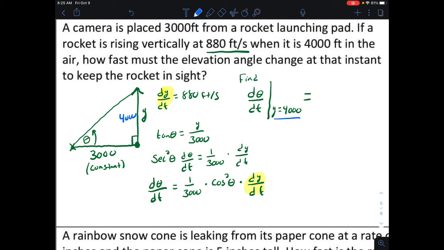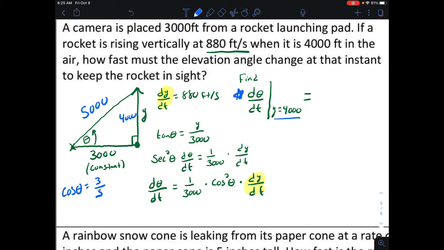We have one leg of 3,000, one leg of 4,000, so the hypotenuse here, a 3-4-5 triangle, would be 5,000. So cosine of theta would be adjacent over hypotenuse, which would make a ratio of 3/5. So I could put that in for cosine up over here in my find line.